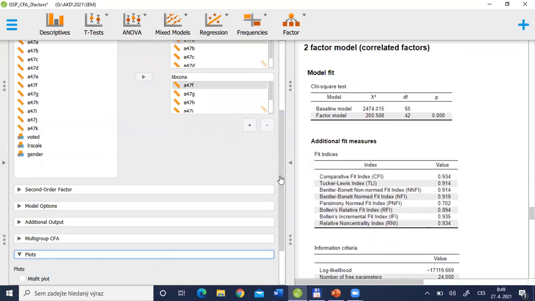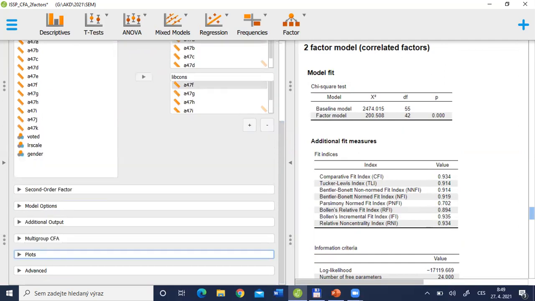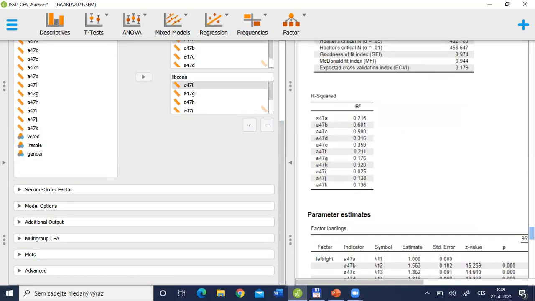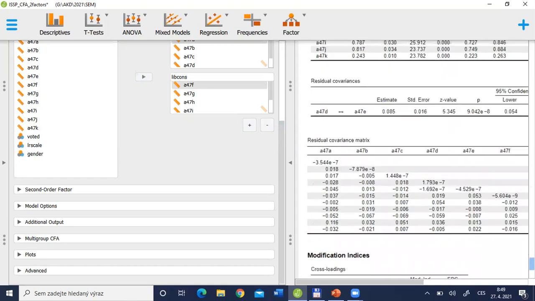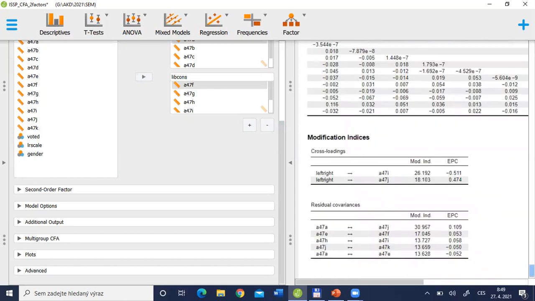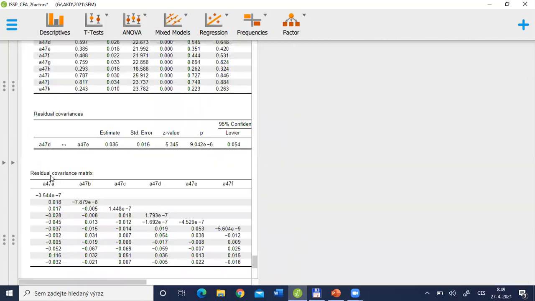And there is also one more option. No, it's not present here, sorry, it's only in structural equation modeling, I guess. So here we have only this one output, this table. If I go to this output, I can see here that's the residual covariance matrix. So that's the output for residuals.